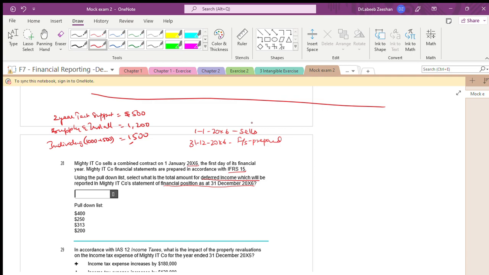They sell a combined contract. Is it right? Combined contract means first, what do you have to do?